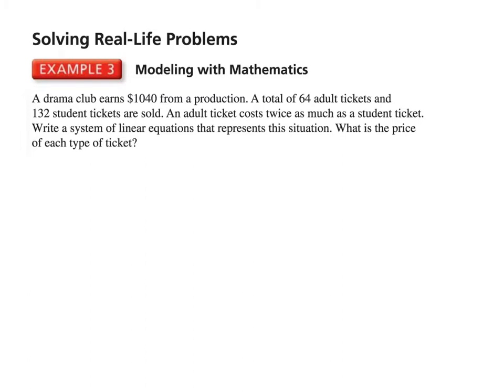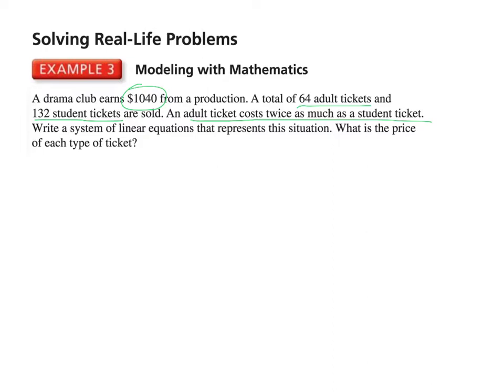All right, for example 3, we have a word problem, and this is really going to put to test your understanding of systems of equations. All right, so Drama Club earns $1,040 from the production. A total of 64 adult tickets and 132 student tickets are sold. An adult ticket costs twice as much as a student ticket.